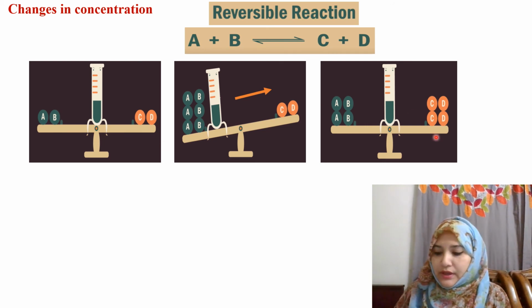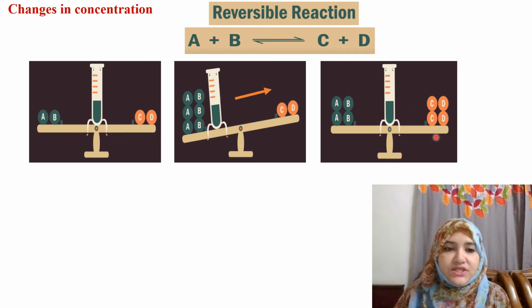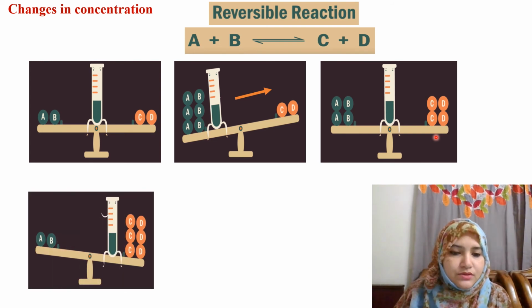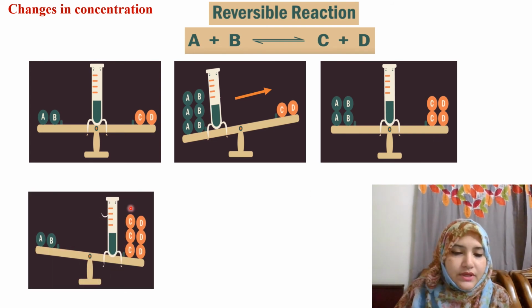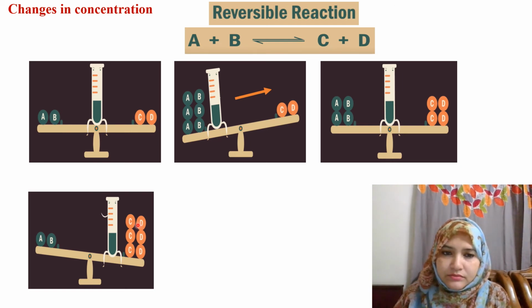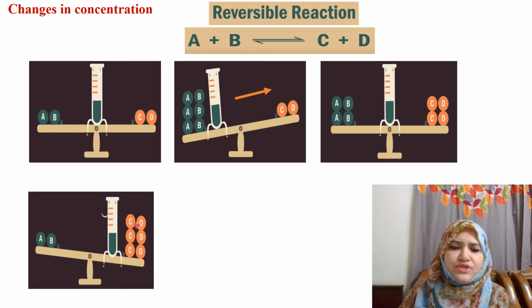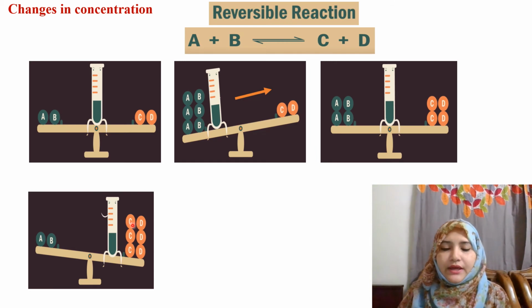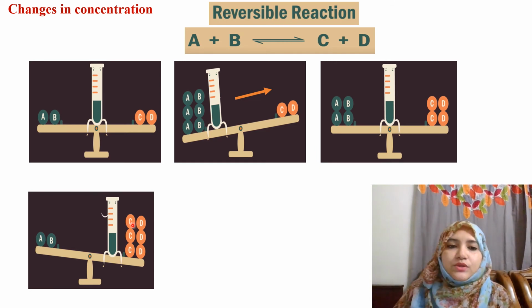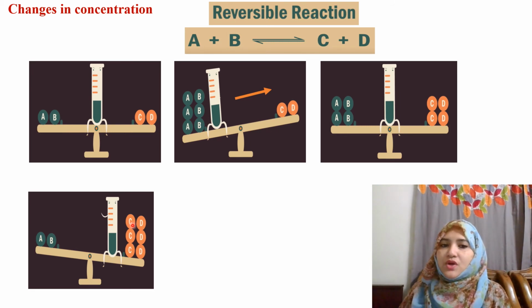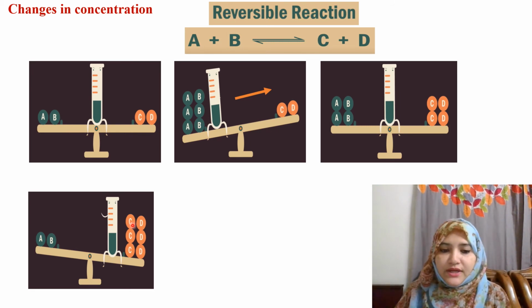And if we add more C and D, look at this picture. Here you can see that if we add more C and D, that means more product, then the system becomes stressed also, and is no longer at equilibrium.